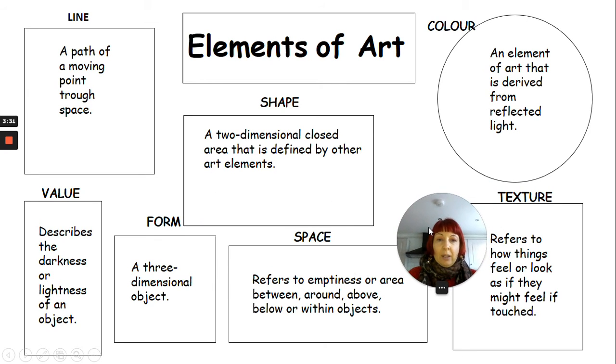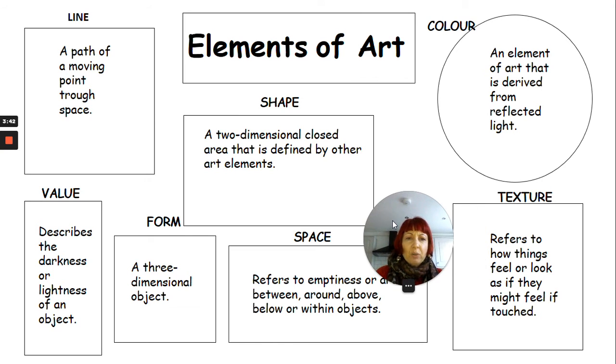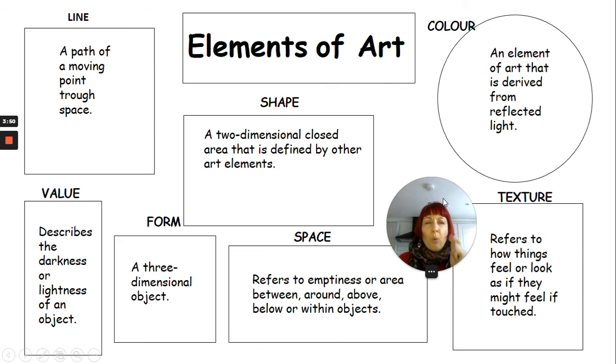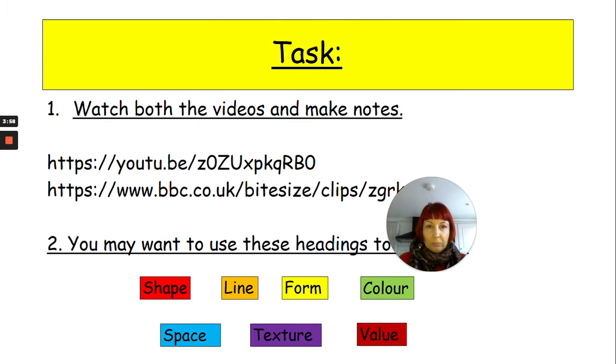Space, emptiness or area between, around, above, below, or within objects. And you may have heard me talk about quite a lot in class negative and positive space, so that falls under space as well. Then texture, how things feel, or how we think when we look at them, how they might feel. Okay, so it could be how they do feel or how we think they might feel.